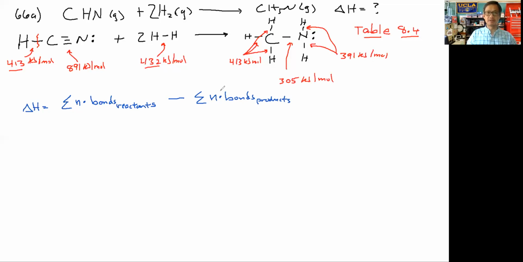So this is the bond energy and this is the number of bonds, or the moles of those bonds. Okay, and so that's what we have there. Remember, this Greek letter sigma just means to add it all up. All right, so let's go ahead and add up what we have.